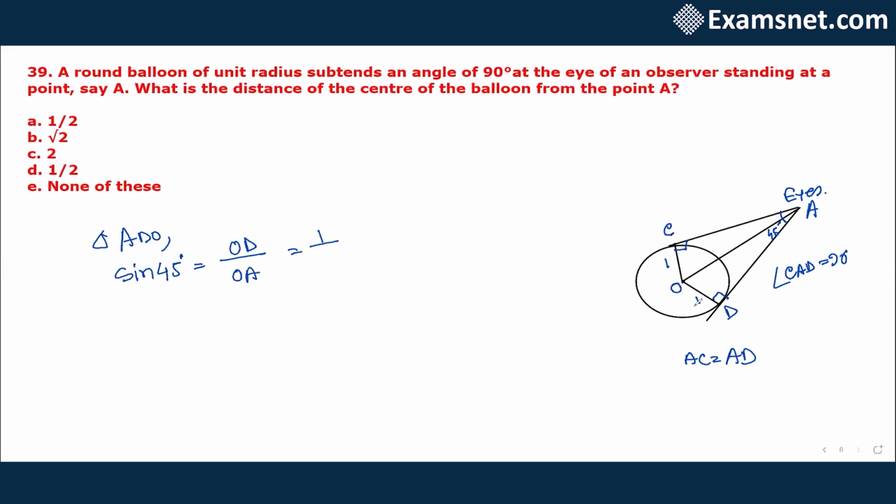Since this is 1 and 1 by OA, we already know the value of sine 45 degree, that is 1 by root 2. So from here we can say OA equals root 2 units. So the distance of the center of the balloon from the point A is root 2 unit. Option B is the correct answer.